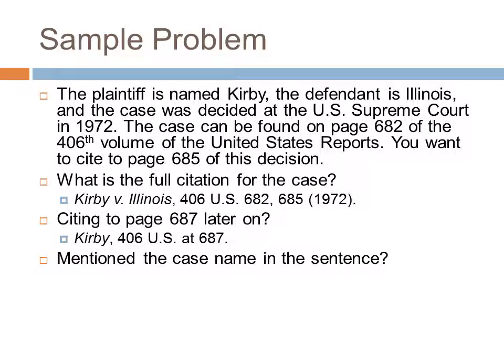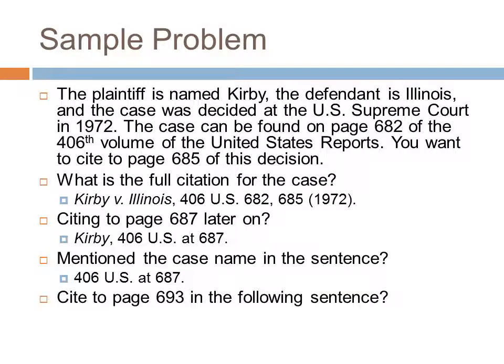Now, imagine it's the same scenario. What if you had mentioned the name of the case within the body of the sentence for which you're providing the citation? In that situation, you would do the same short cite as for the last question, but just leaving the name Kirby out.